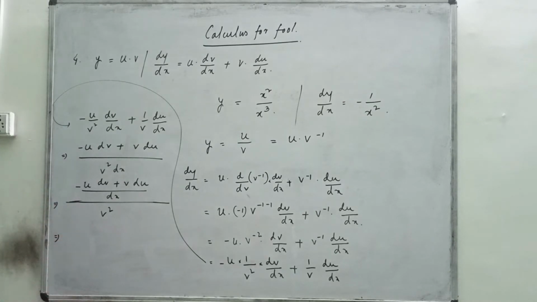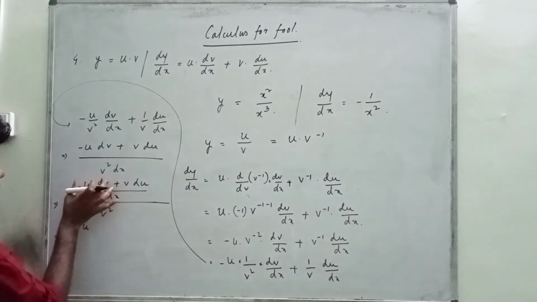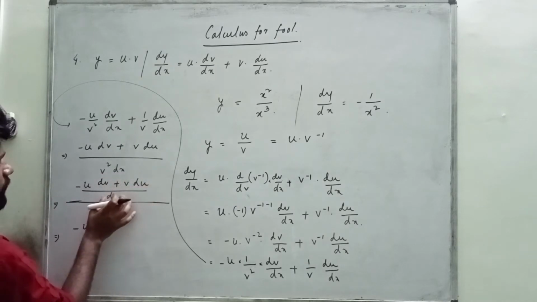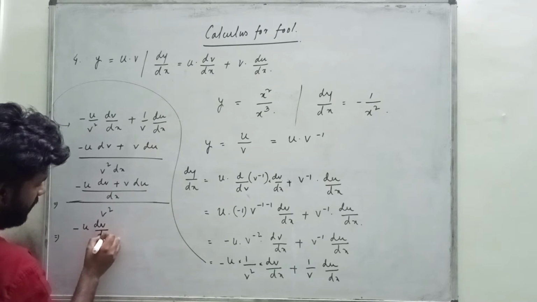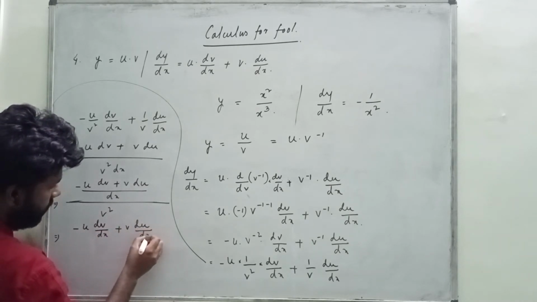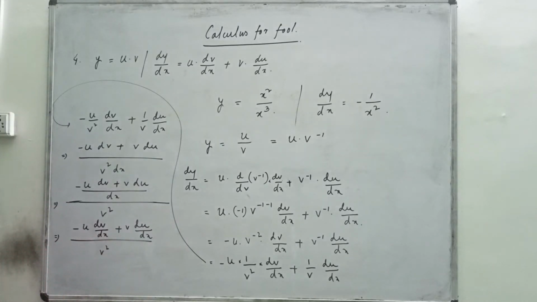So we'll just split it up. Minus u, just split it. u dv over dx plus v du over dx, so minus u dv over dx plus v du over dx by v squared, right?